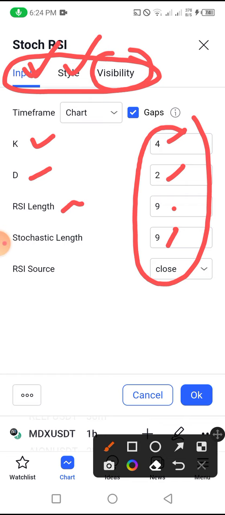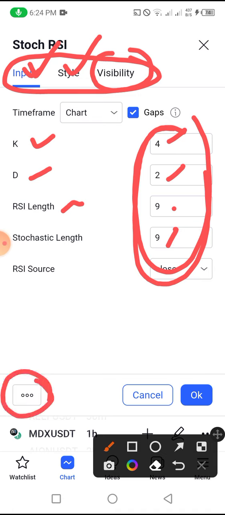Just for purposes of saving time, this is how you'll adjust them. Make sure that your K is 4, D is 2, RSI length is 9, and the same applies to the stochastic length. Then after adjusting them, you're going to tap on the three dotted lines, the three dots.